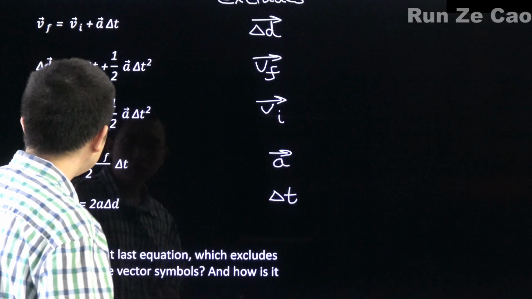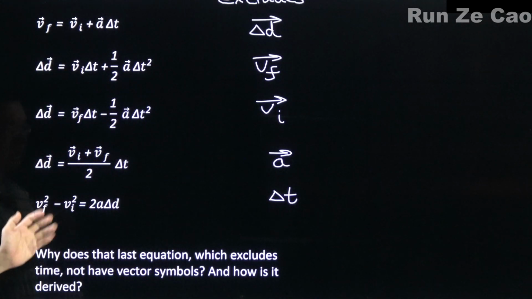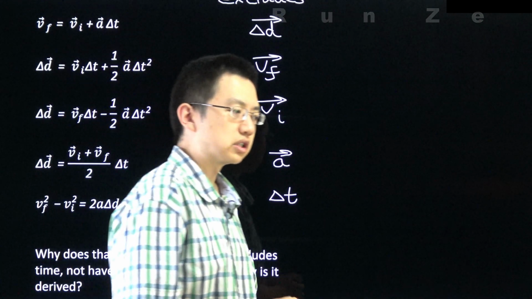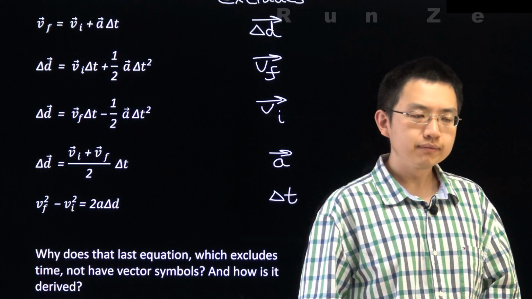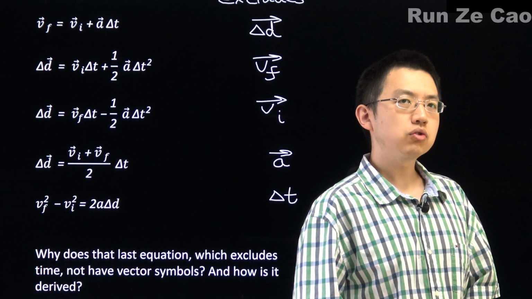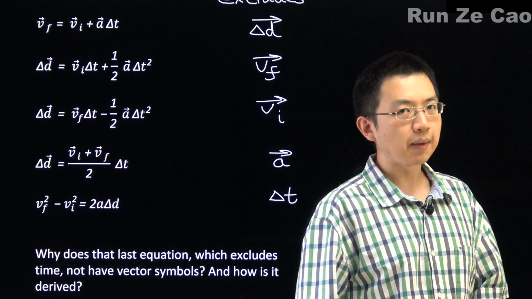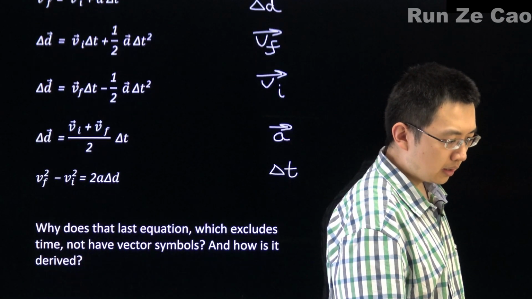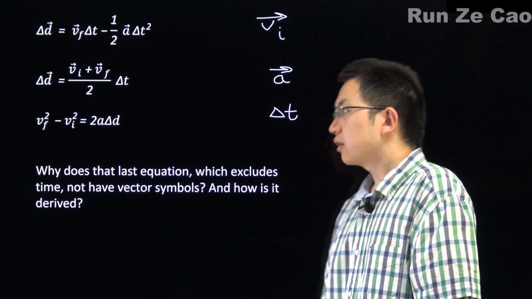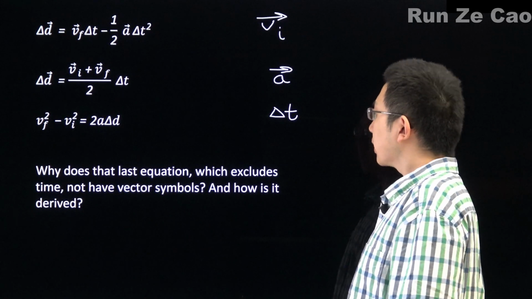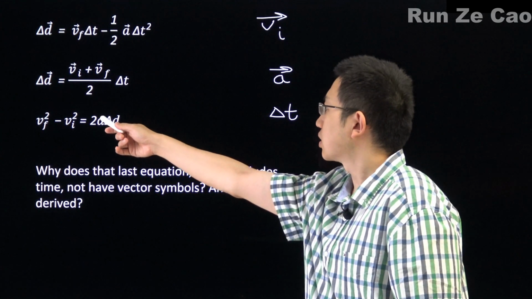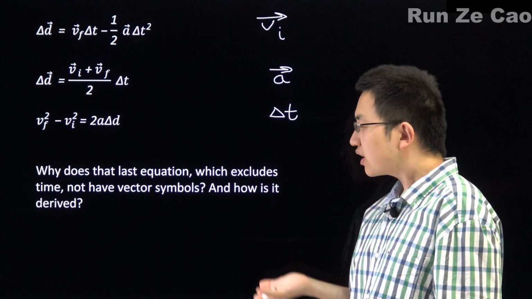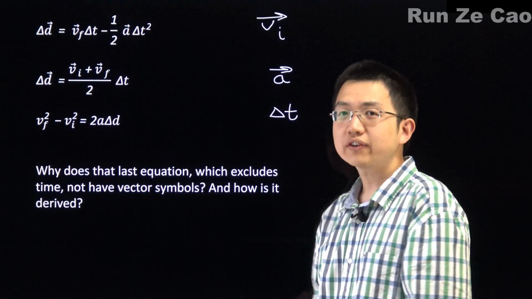Well, we know that the two velocities are related by the acceleration and time. We also know that the two velocities and time are related to distance. Of course, then there's something else we notice. We don't have vector symbols on top here. Why is this and how is it derived?